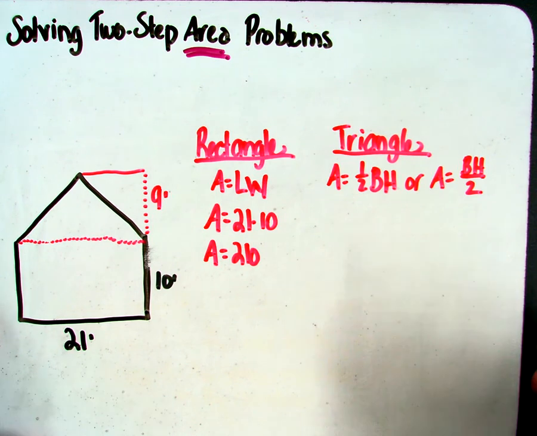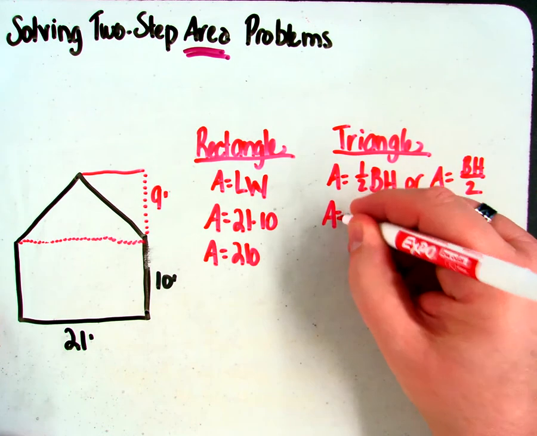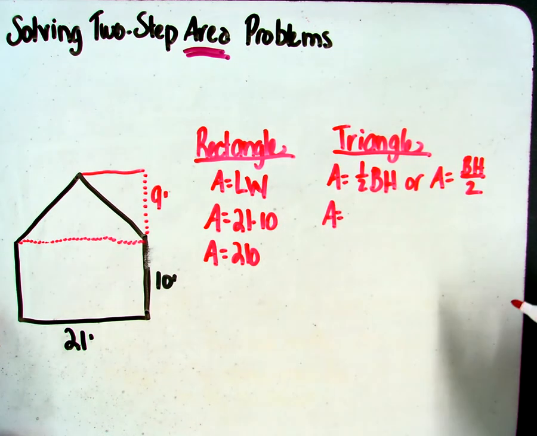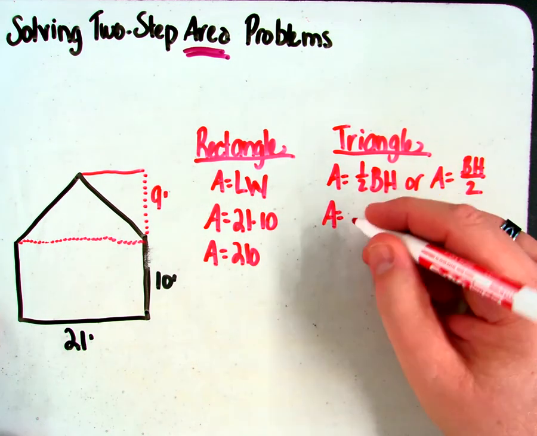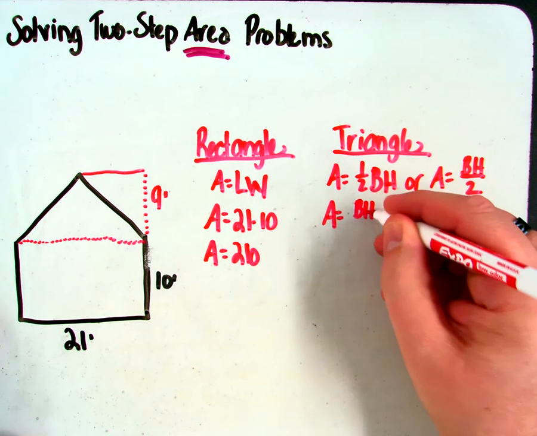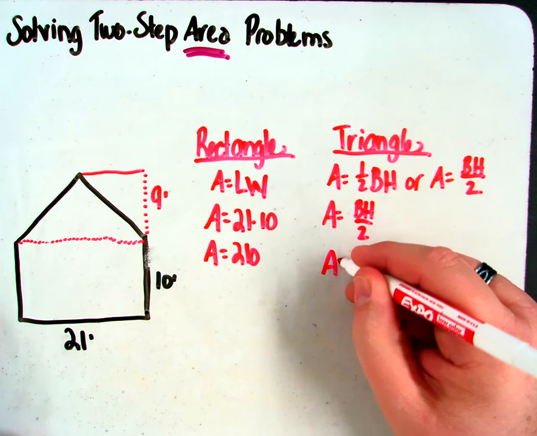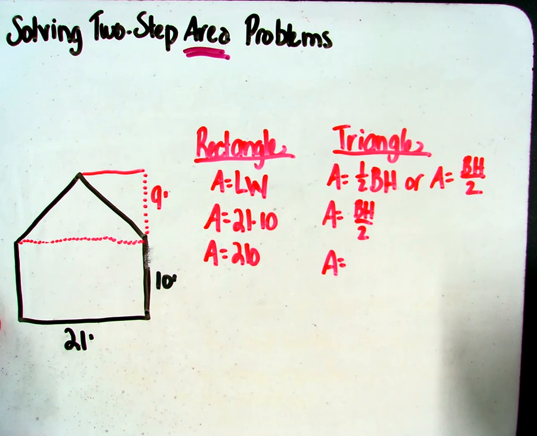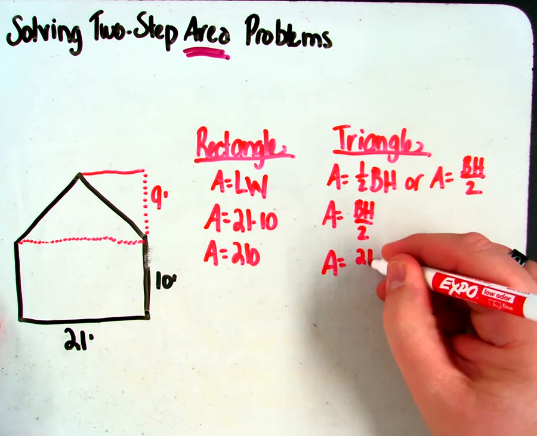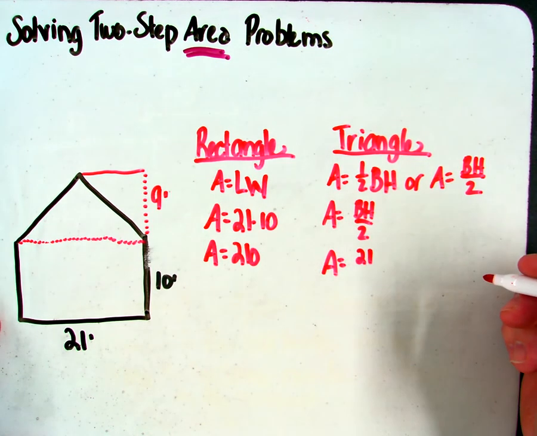Now, in computing the triangle, do you want to use the first or the second formula? Second, okay. So the area is equal to the base times the height divided by 2. Now, in the triangle, what does the base measure? It measures 21 feet. The base of the triangle is equal to the base of the rectangle.